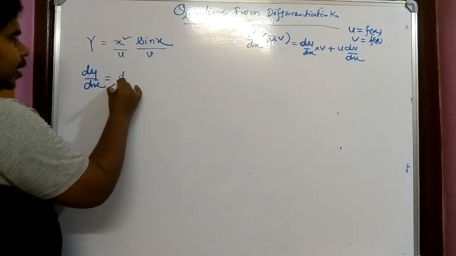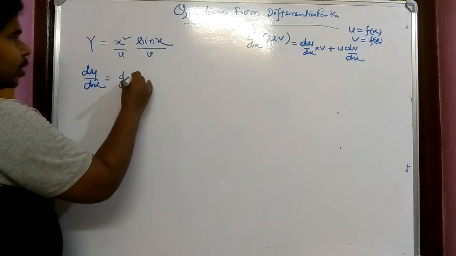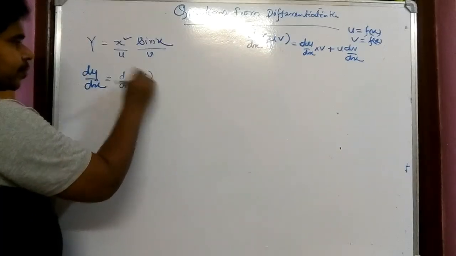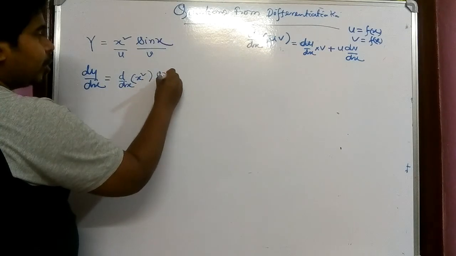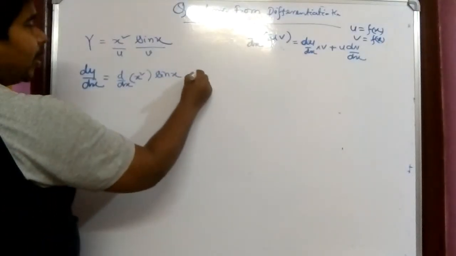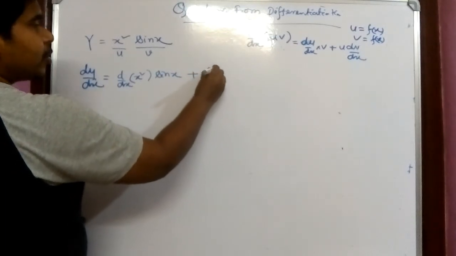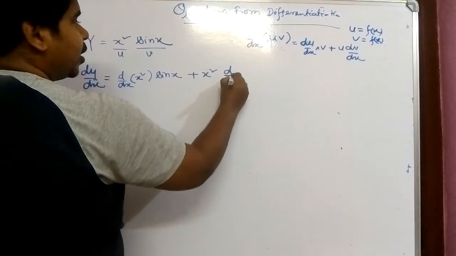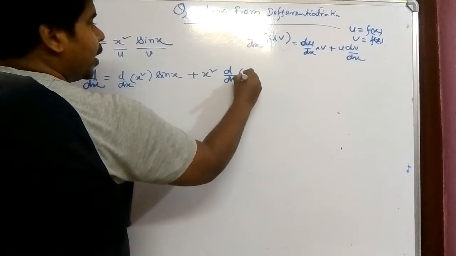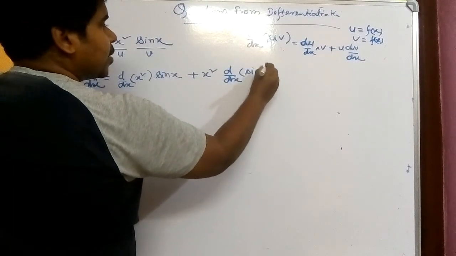So d dx of x square, and sine x will be as usual because it is v as per this equation, plus x square will be as usual and we will differentiate sine x with respect to x.